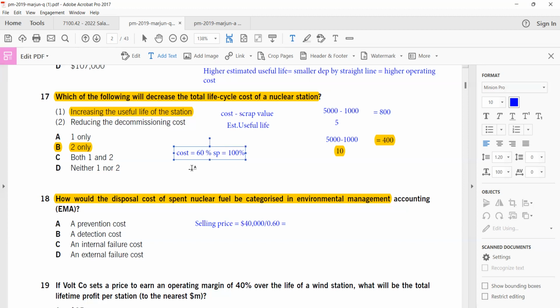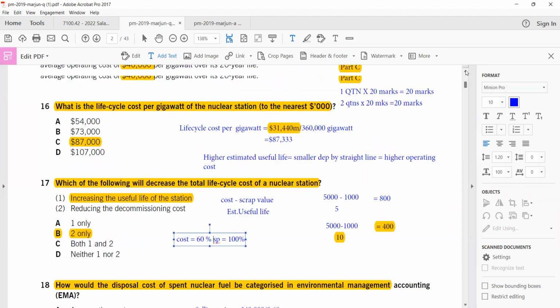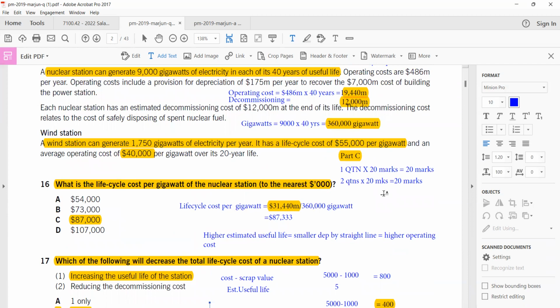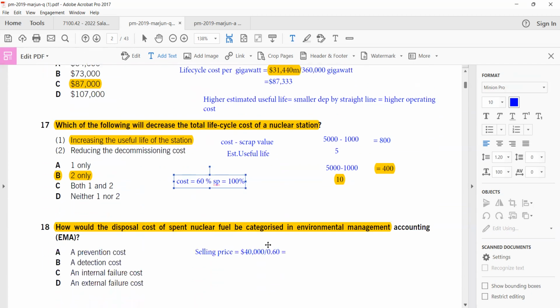If they have given me the operating cost, they give us one figure over there. If they're giving us the operating cost to be 40,000, then I can just divide. If 60% is equal to the 40,000, I'm showing you why we divided the 40,000 by 0.60.